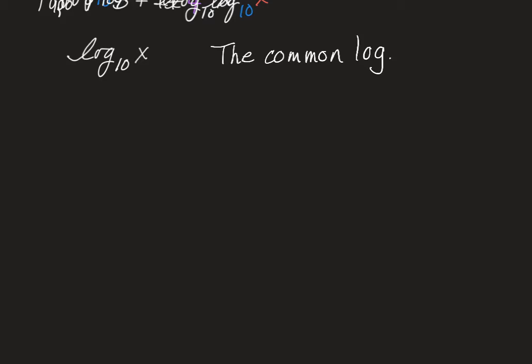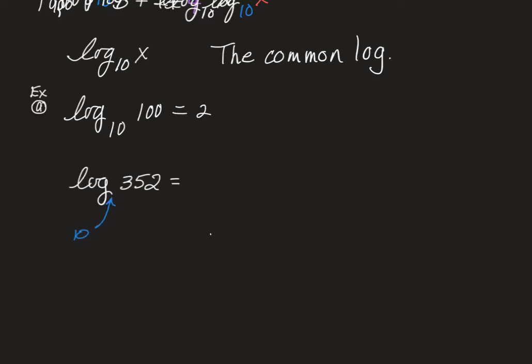It's quite common. So example A, the common log base 10 of 100 is 2. Please remember that when writing the common log, you do not have to write the 10. You can just write it like that, and it means the common log of 100 is 2.